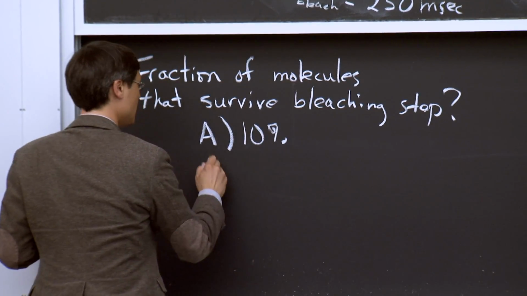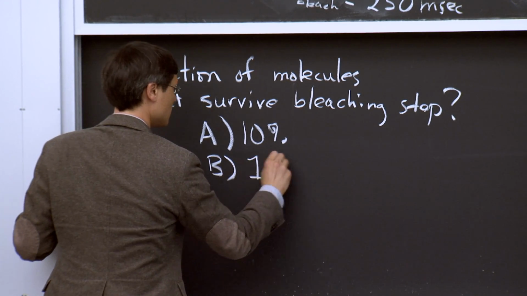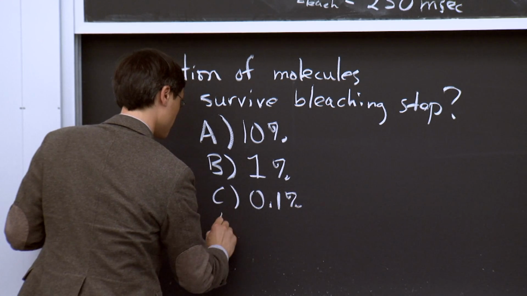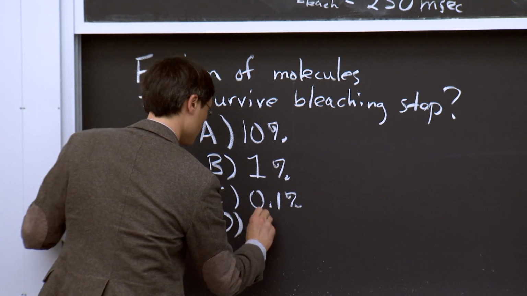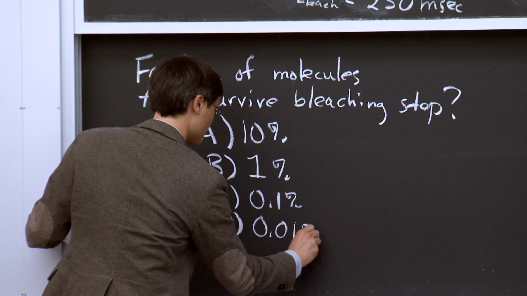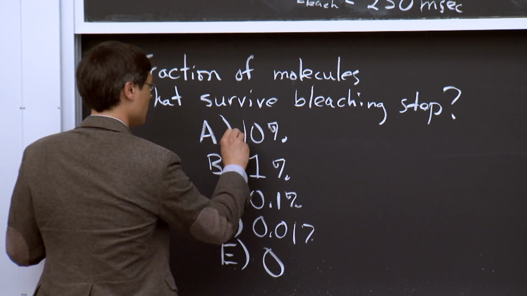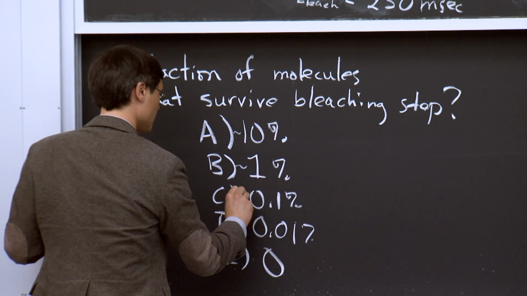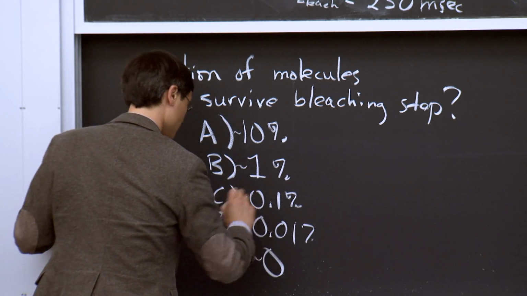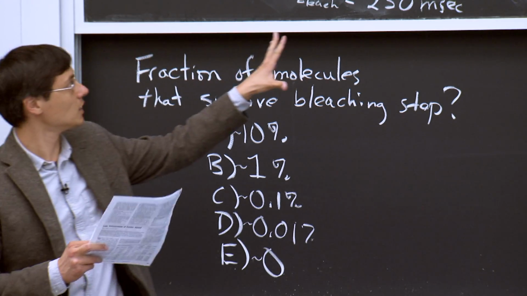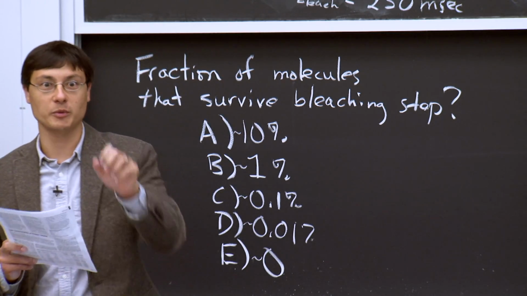You can ignore my writing. You should be able to think about it on your own. I'll give you 30 seconds to think about this. All the information that you need is in principle written up on the board.